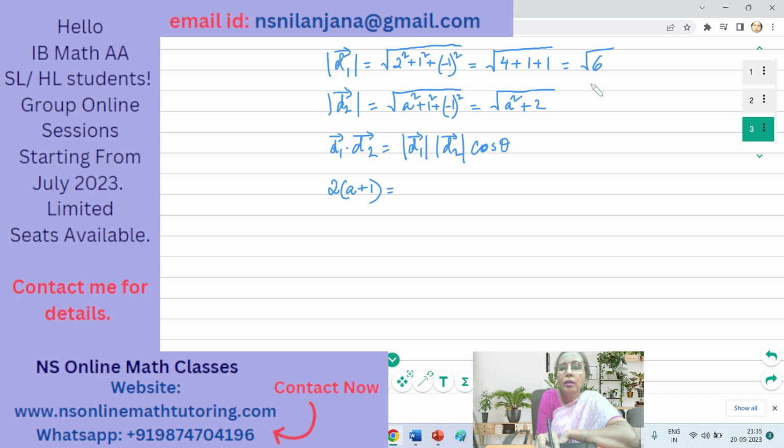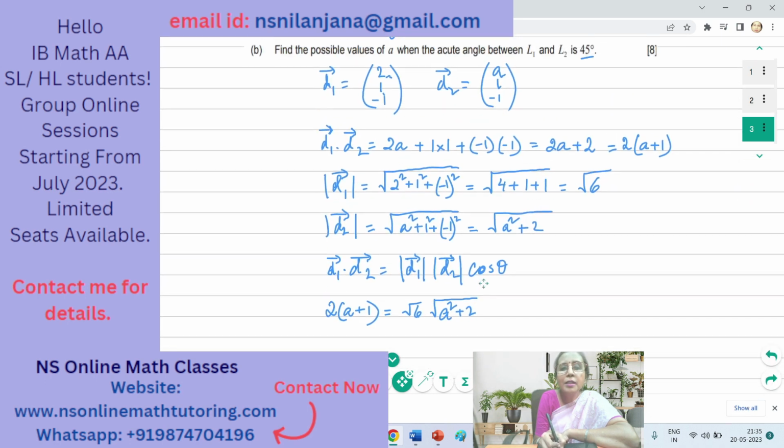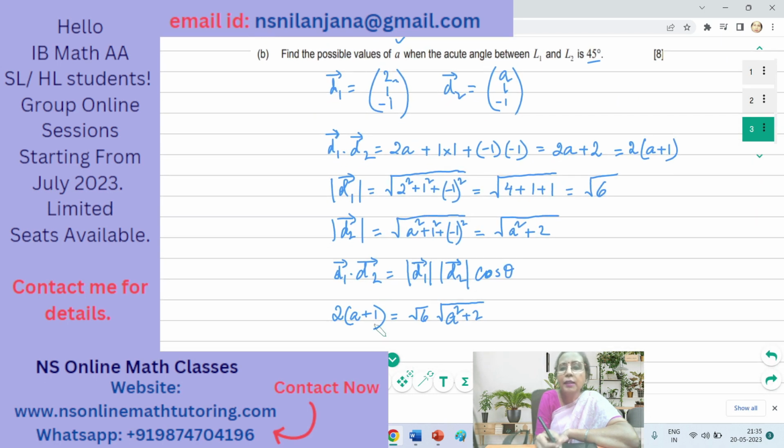equal to, this one is modulus of D1 is root 6. Modulus of D2 is root of a square plus 2, of course. And cos theta, theta was equal to 45 degrees. Showing you again the angle, it is 45 degrees.